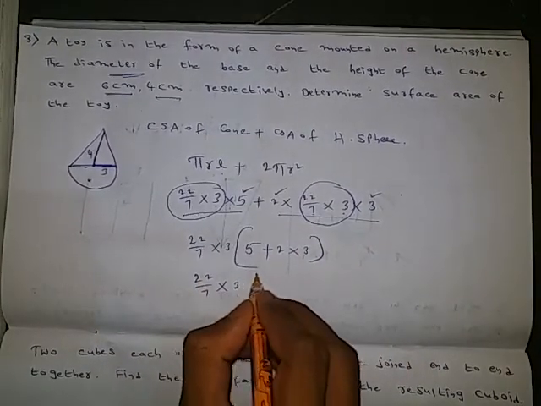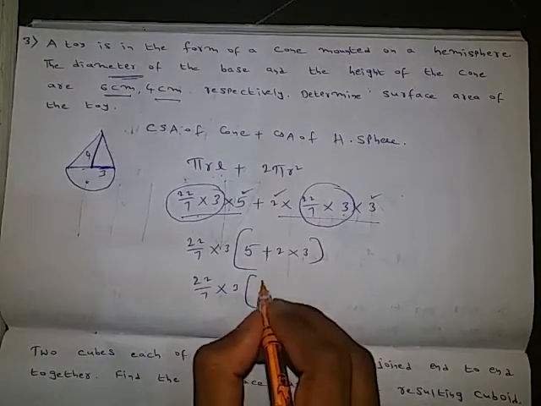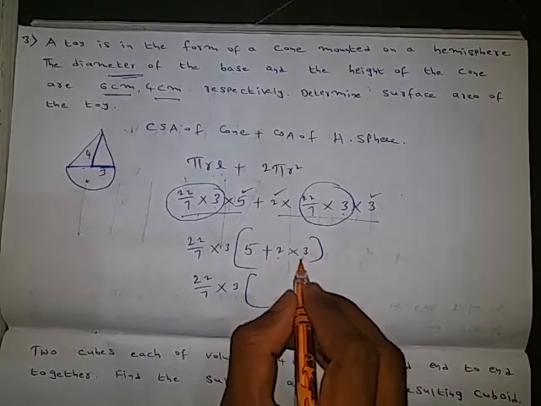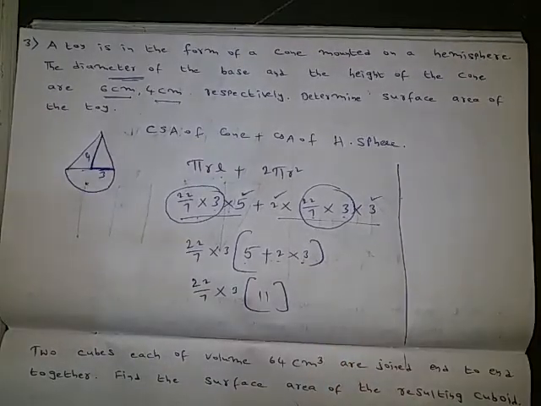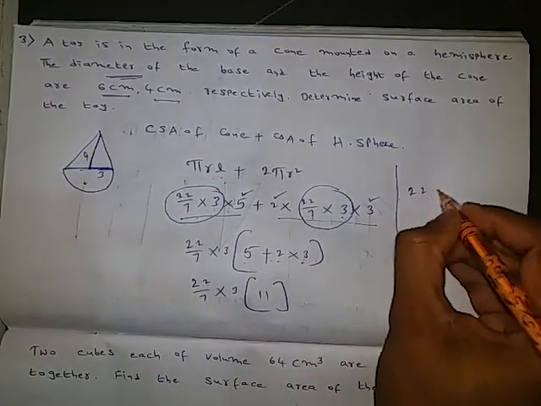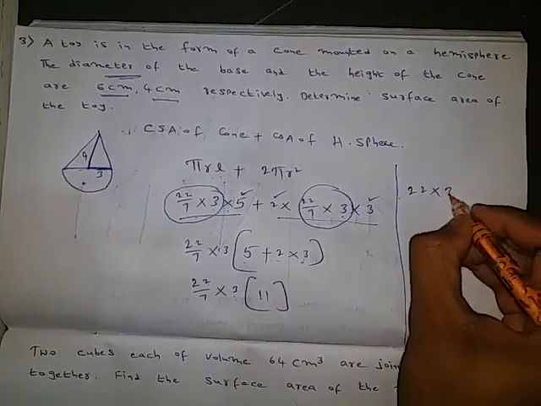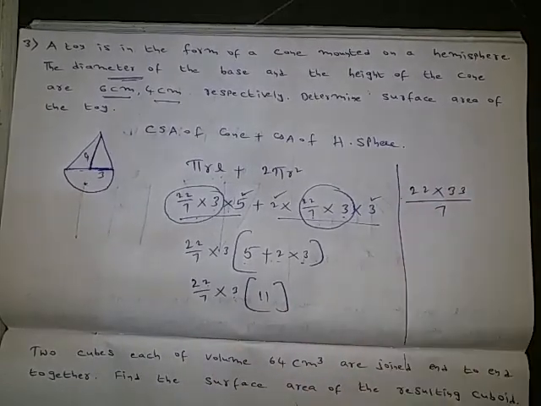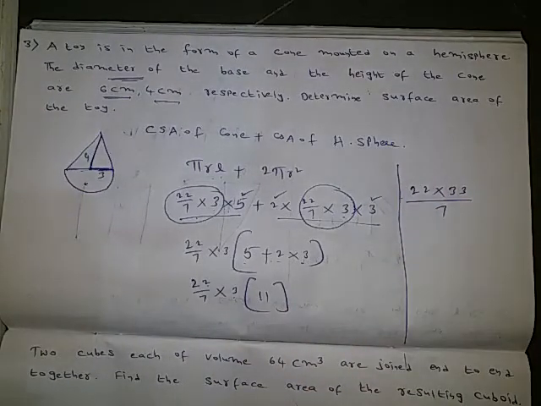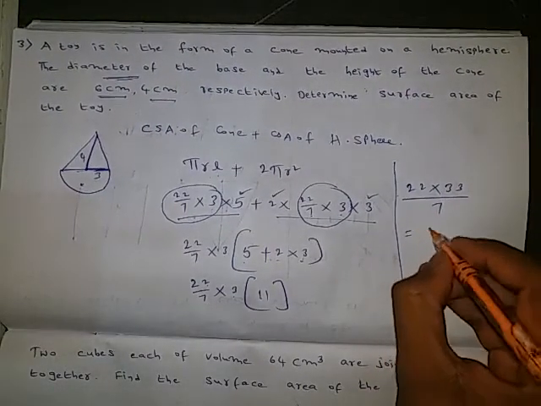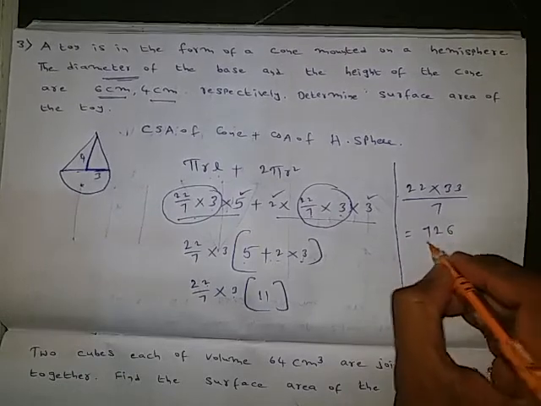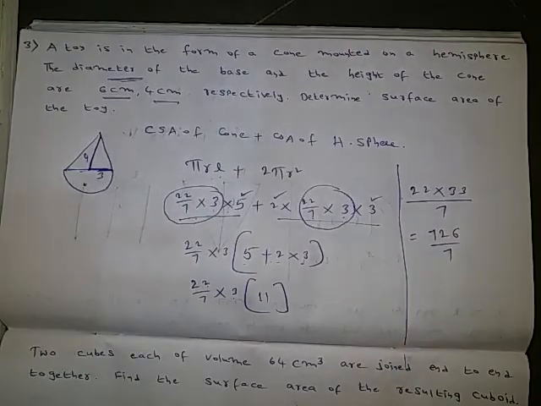22/7 into 3 times 5 plus 2 3s are 6. 6 plus 5 is 11. If we do the multiplication, 22 into 3 11s are 33, whole divided by 7. 22 into 33 is nothing but 726 divided by 7.